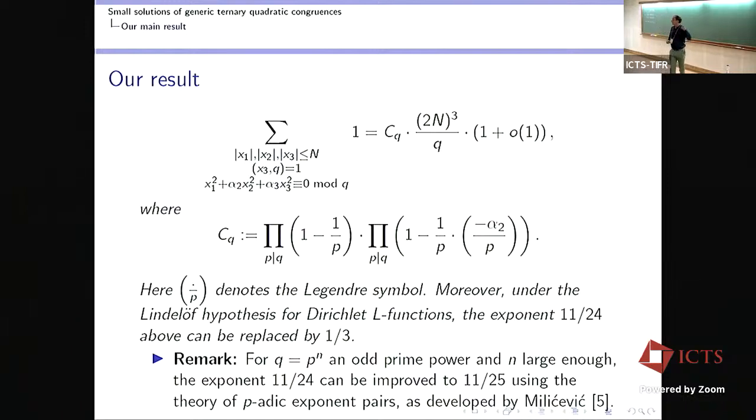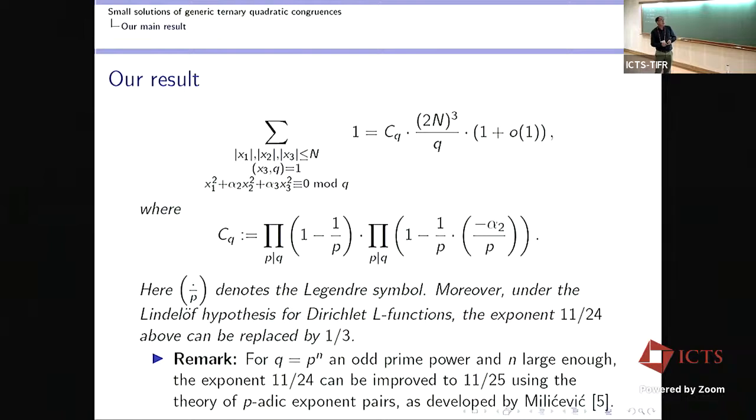If alpha 1 is not equal to 1, we can just scale the congruence by dividing by alpha 1. So we assume alpha 1 to be 1, alpha 2 a fixed coefficient coprime to q, and alpha 3 varies over the numbers which are coprime to q. In that case we get this main term which just depends on alpha 2.